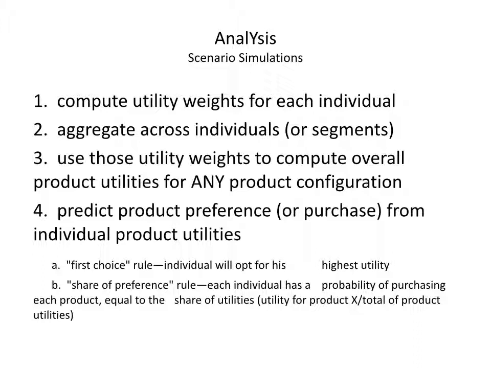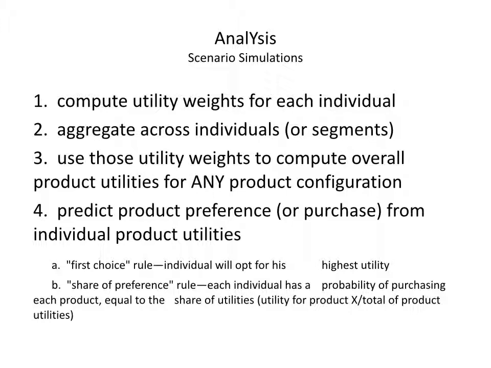So if I'm looking at 3 products, and I say that product A has a total utility of 7, and product B has a total utility of 2, and product C has a total utility of 1, right?